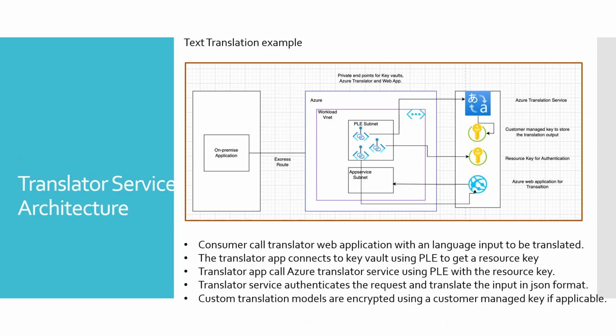Now this is a reference architecture of how a translator service architecture looks. If you see the diagram, within Azure you have the translator service, and to use the translator API we have a web application, which is used by the on-prem application.